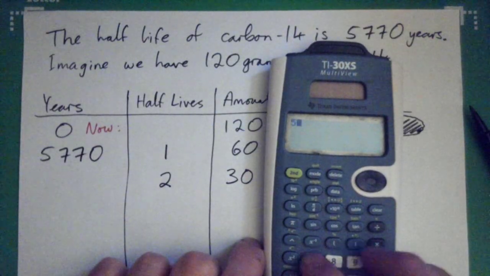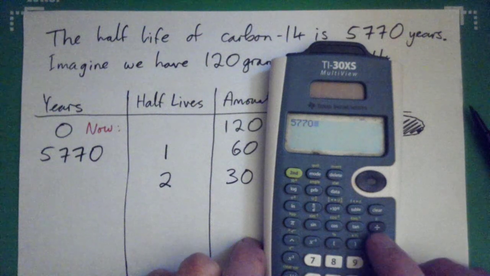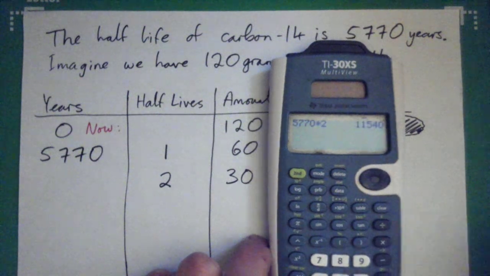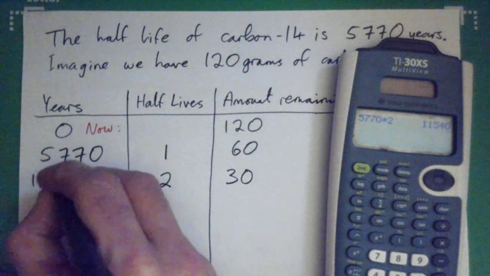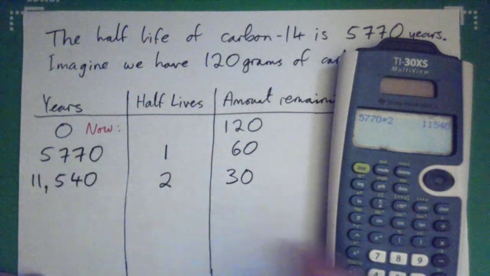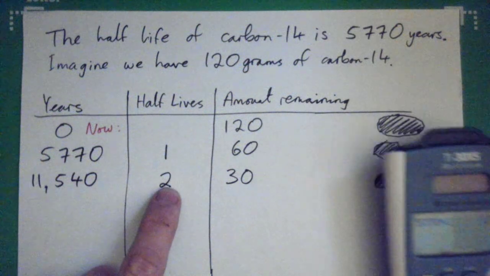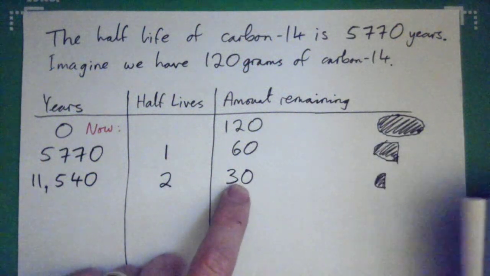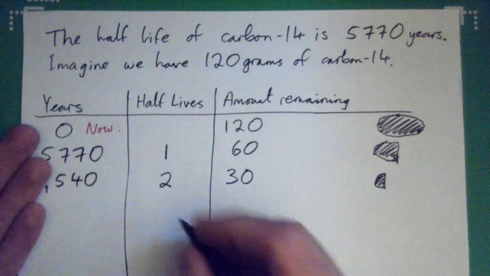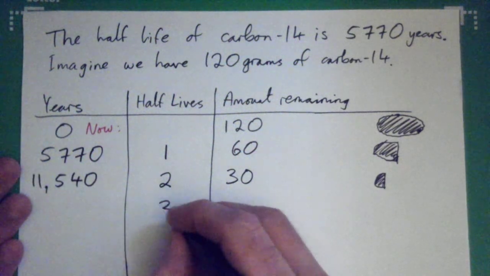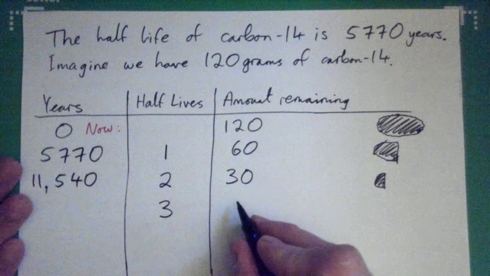It's 5770 times 2. 11,540 years in the future. Good job. That's two half-lives, and that's when we're left with 30 grams. Okay? So then there'll be another half-life. And how much will be left?